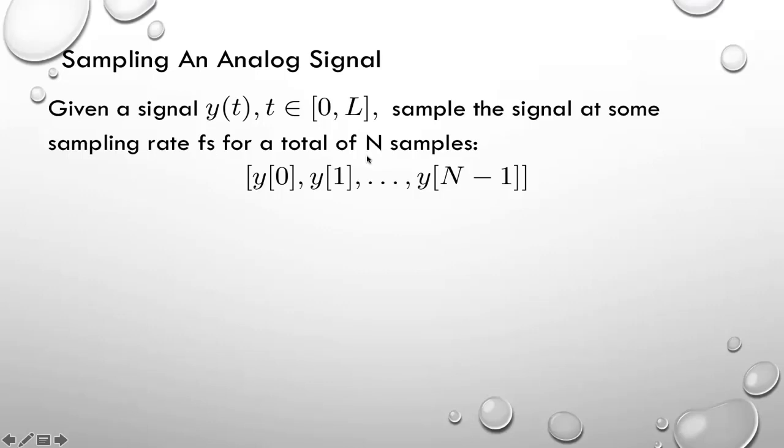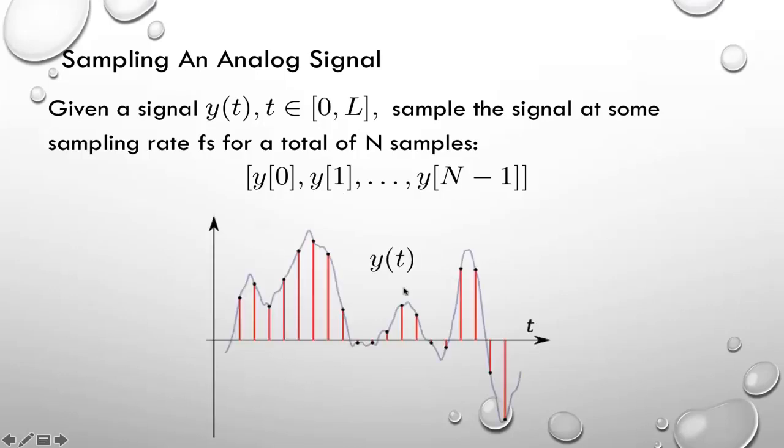And so we put those samples into an array. Y0 is the first sample, Y1 is the second, all the way to y of n minus 1. So graphically this is a continuous function, and so we're going to sample by picking out these sample points, and these sample points are picked out at equal time intervals apart, to get our n samples.